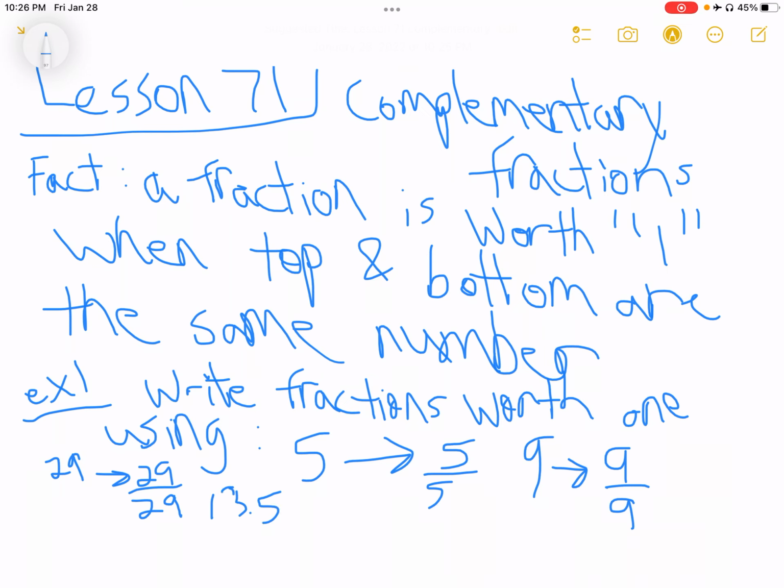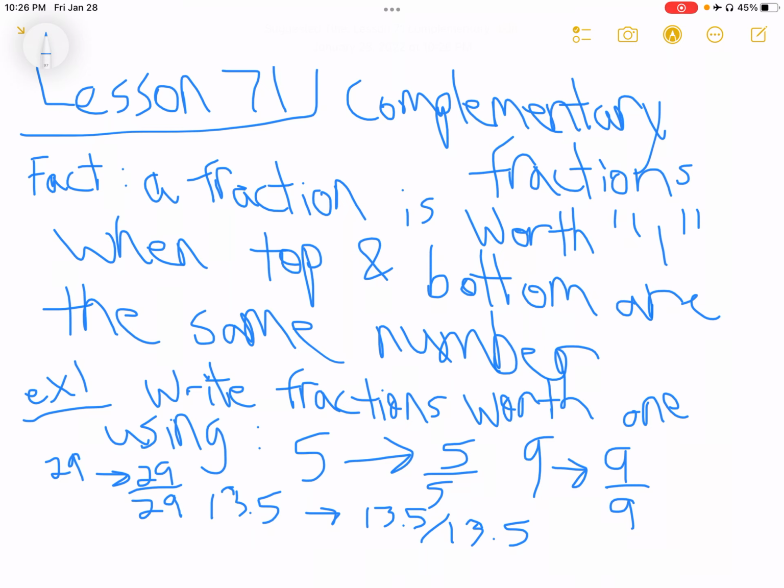This looks like a funny little one here because it has the decimal. But you can trust me here, right? So if you did 13.5 and you divided it by 13.5, that's just 1 because if you divide any number by itself, it goes into itself once.